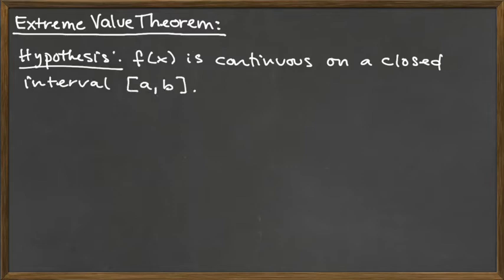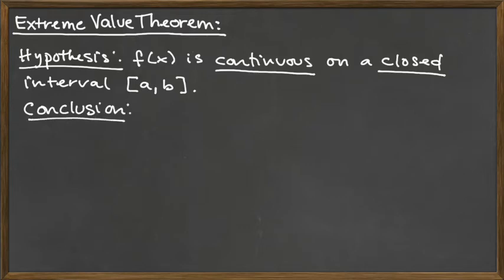And so there's two real key words here in this hypothesis. We've got continuous and we've got closed. Those are the main things that we've got to really pay attention to. If our function's continuous, if our interval is closed, then we can come up with this conclusion.